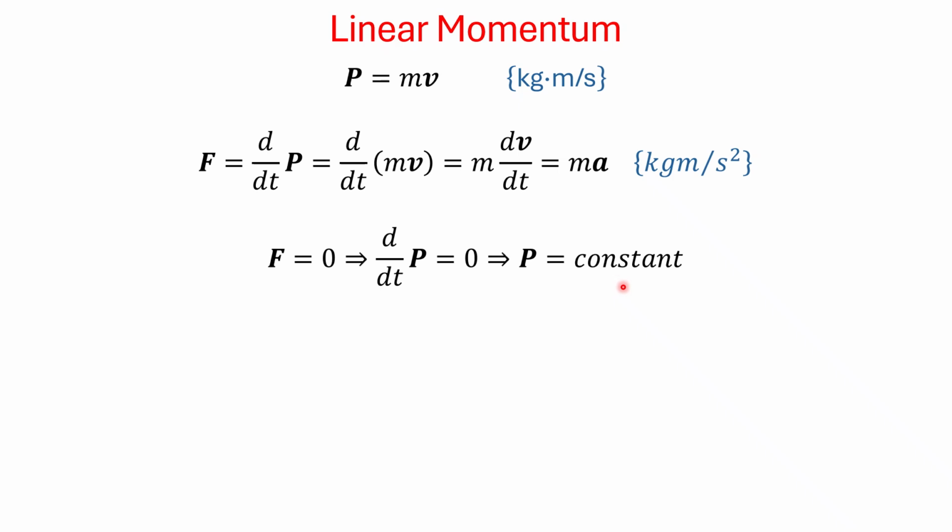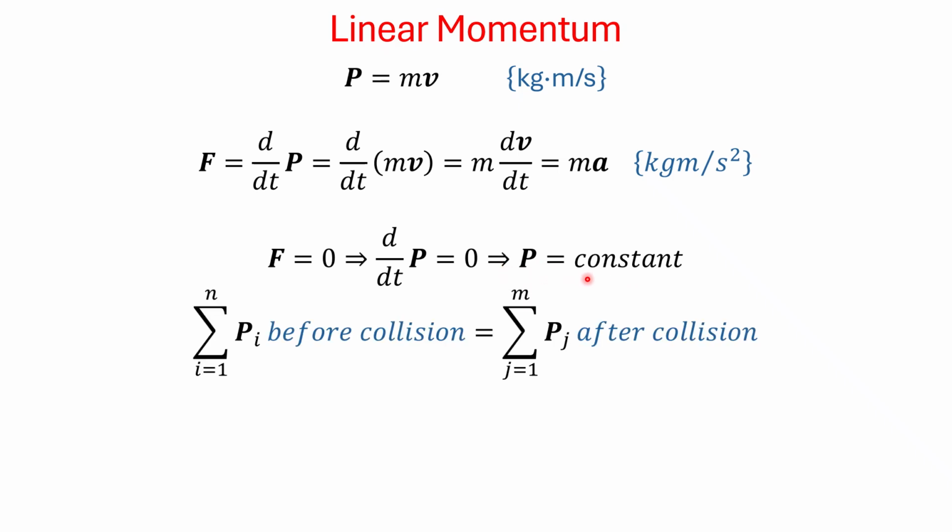Suppose that the external force, and thus the net impulse, acting on a system of particles is 0. The system is isolated and no particle leaves or enters the system, being closed, and we can represent that by the equation P equal to constant.